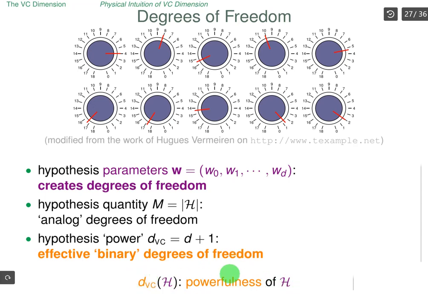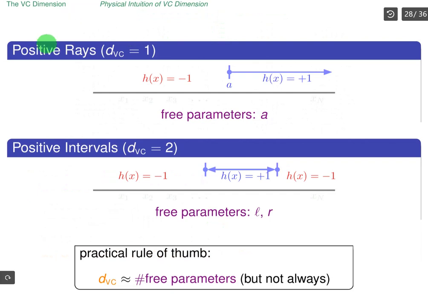If we consider 2 examples here, positive rays as our first example of a hypothesis set, then we have only one parameter that we can change to classify, for example, this one-dimensional input. Then the VC dimension of positive rays is equal to 1.